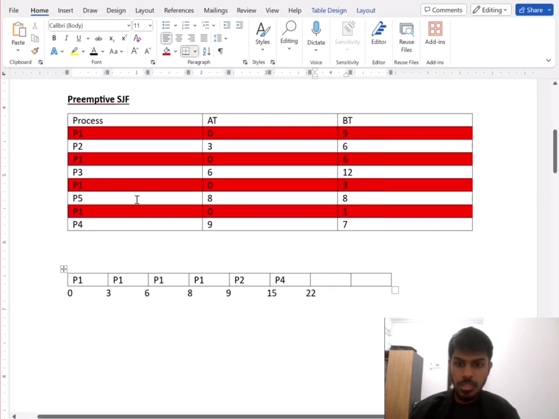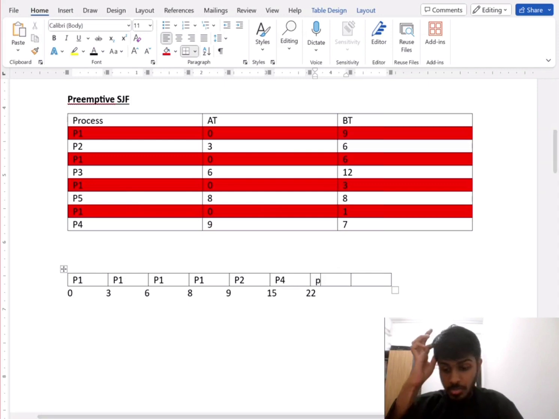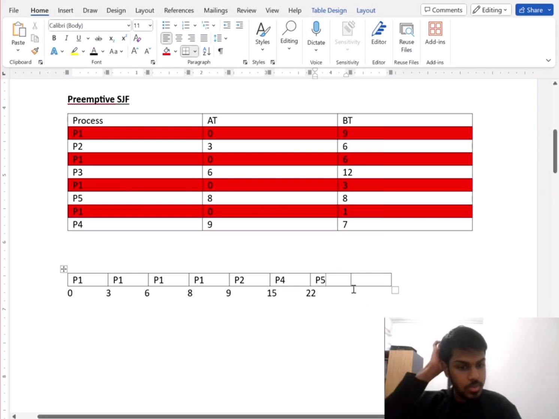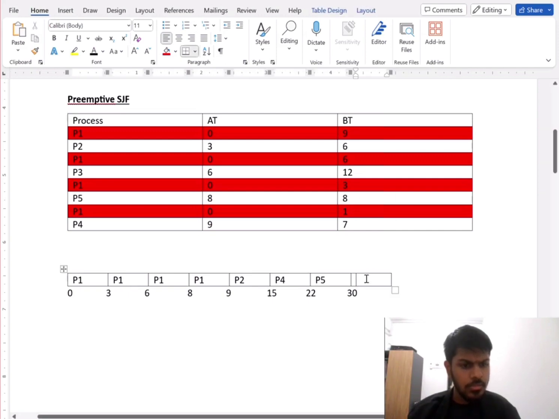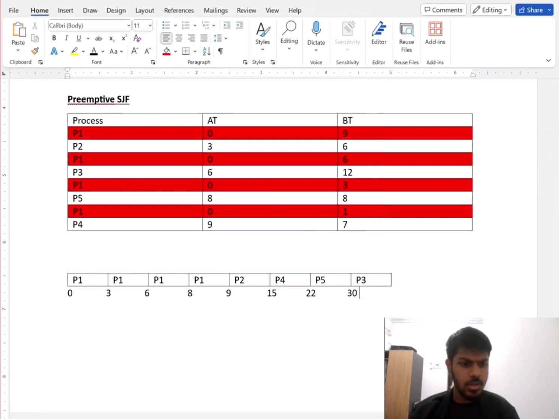Next process will be process 5, 22 plus 8 is 30, and the final one is P3, process 3. 30 plus 12 is 42.